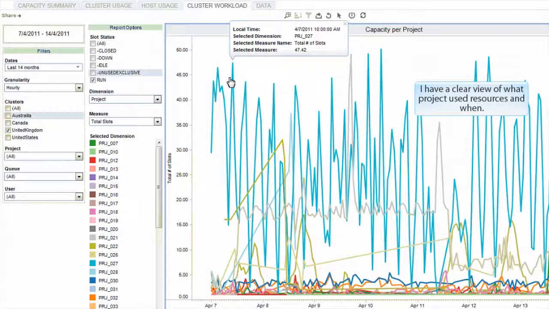Let's recap some of the features and benefits of Platform Analytics from the standpoint of analyzing capacity.